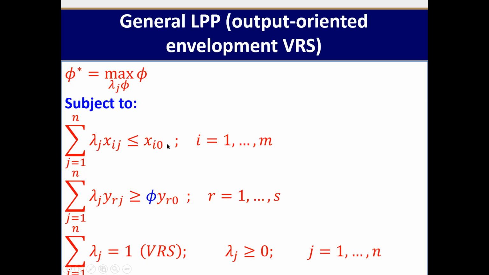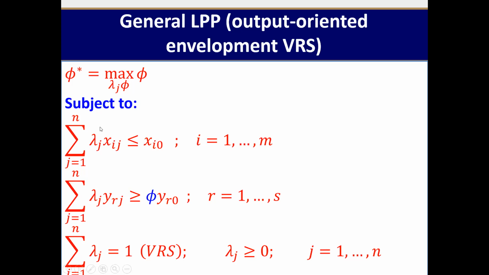Okay, now, if you can see, this is the weighted input of all the other firms. This weighted input you are seeing here is imaginary. It's a production possibility. So the weighted input of all the other firms must be less than the input of the firm you are considering.